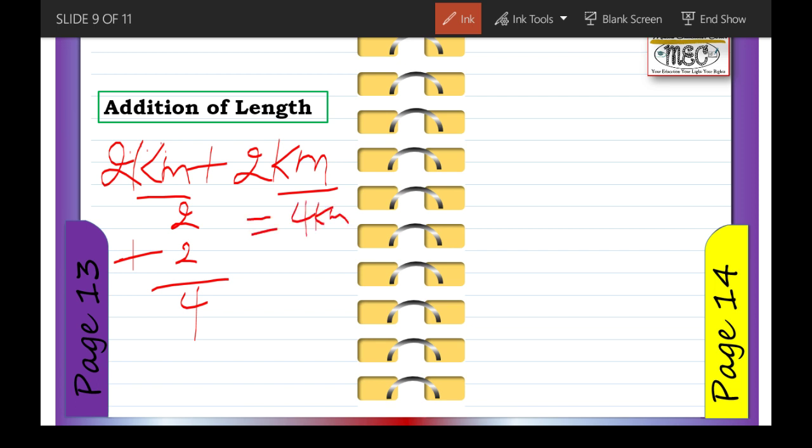But what if now you are given different units? For example, you are given 15 meters plus 300 centimeters. What do you do? For example, you are requested to give the answer in decameters. As you see, the units are different. You cannot add meters to centimeters to get decameters. So what do you need?